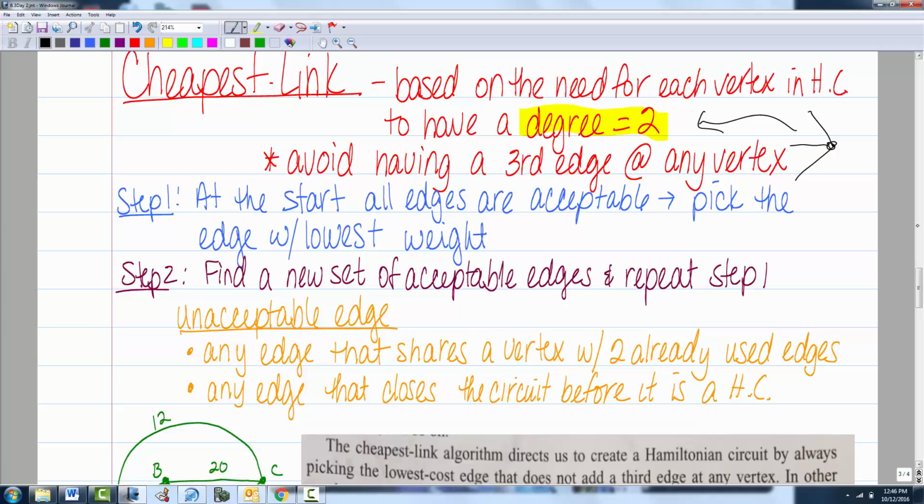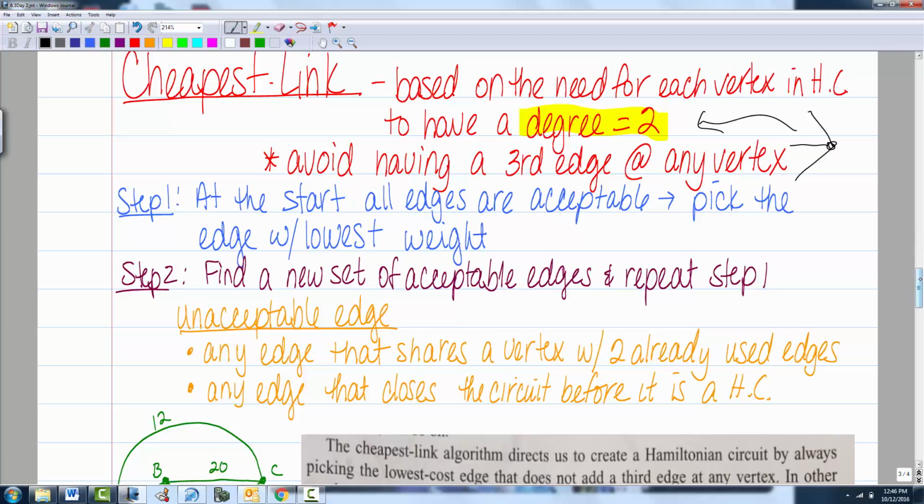But what you can't do is create a vertex that gets degree 3 or higher, and you can't close the circuit until you end up where you started. So you only close the circuit when all the vertices are connected in some way, shape, or form. Then you close the circuit at the end. But you can't do it early, just like in the repetitive nearest neighbor situation.